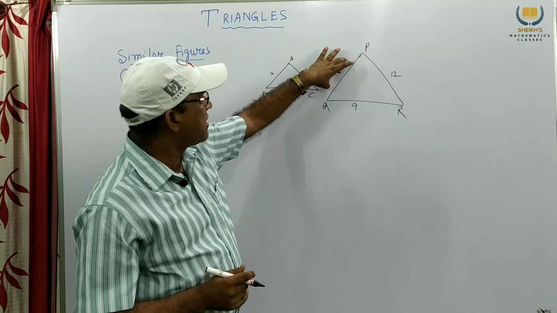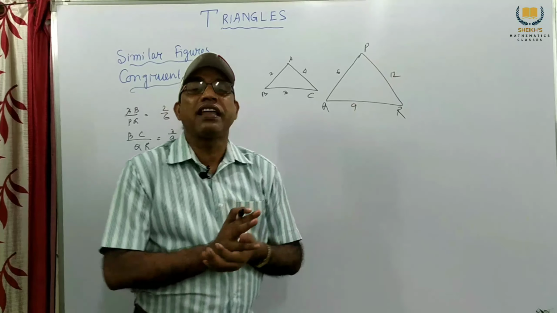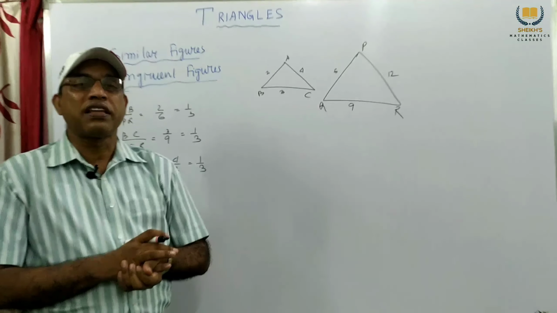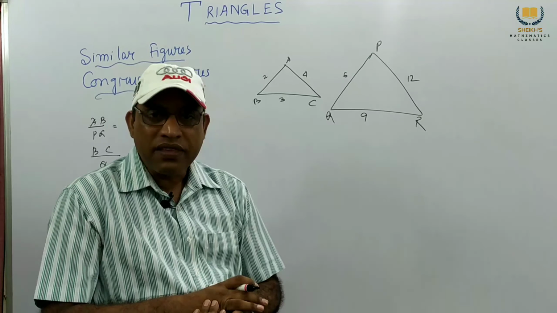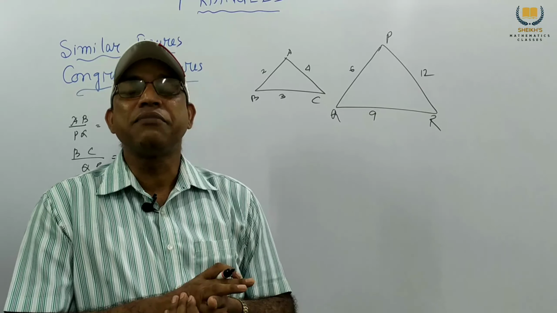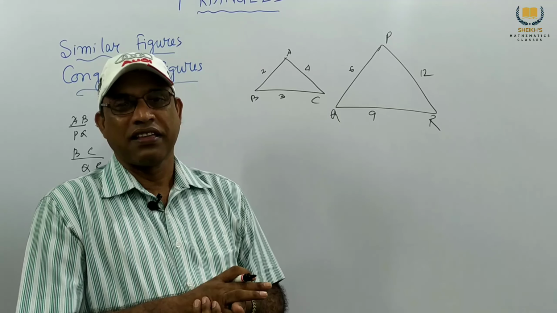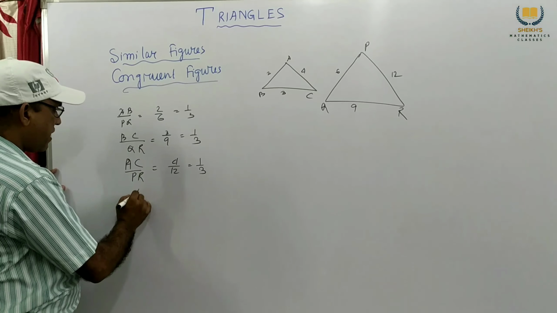This side by this side, this by this, their ratios are proportional. So if their ratios are proportional, same, then these two triangles are called similar triangles. So these two figures are called similar. So what we get?